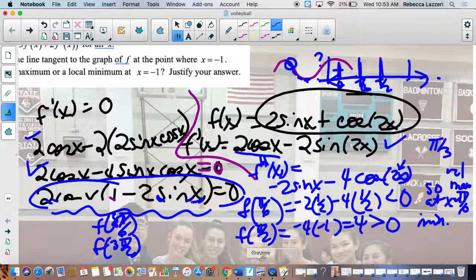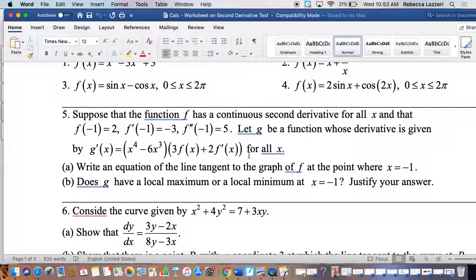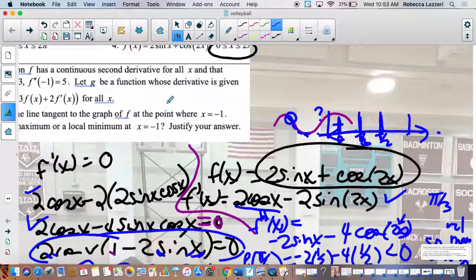I think I wanted to just go on and do number 5. Yeah, so number 5, which I think I have the whole thing already in this slide.